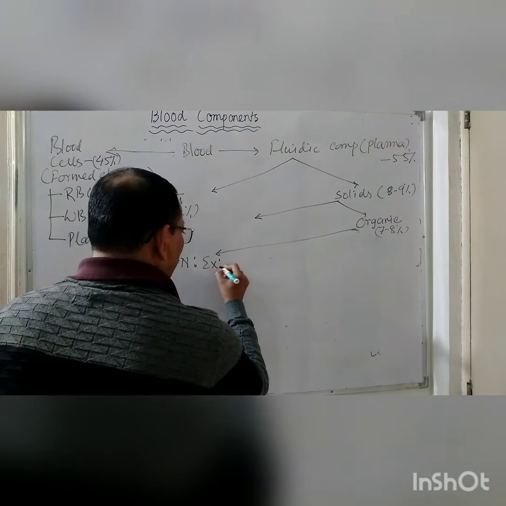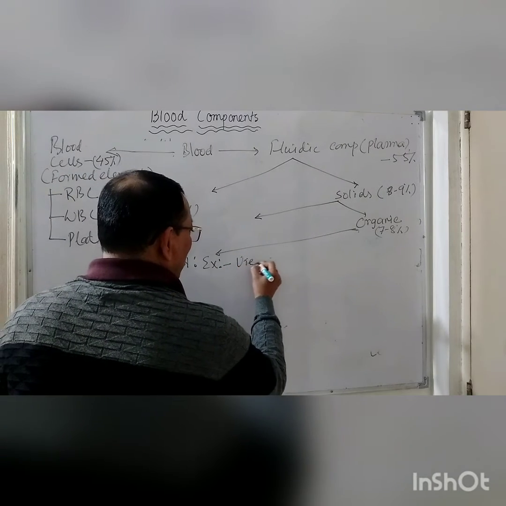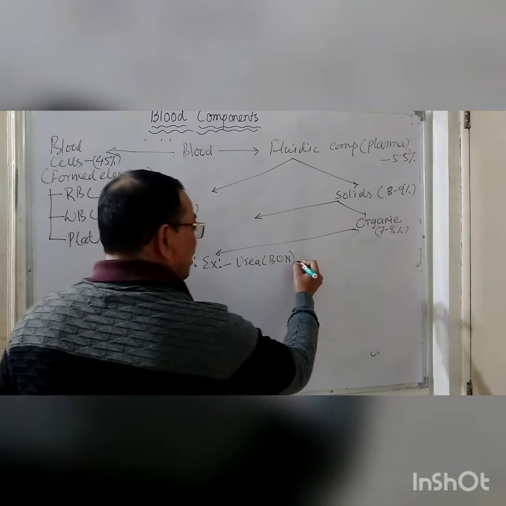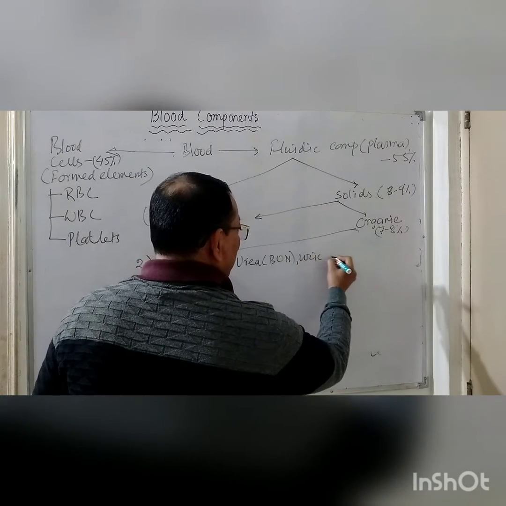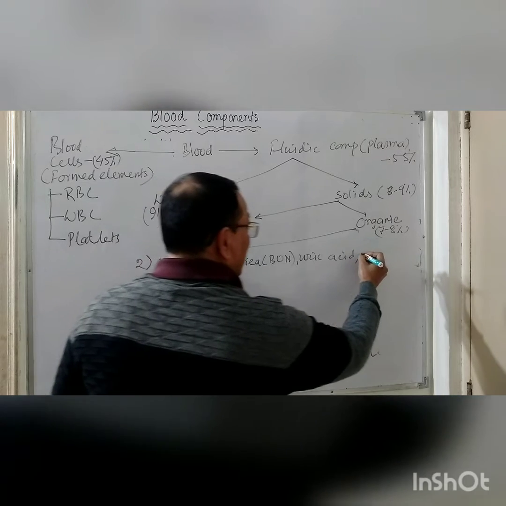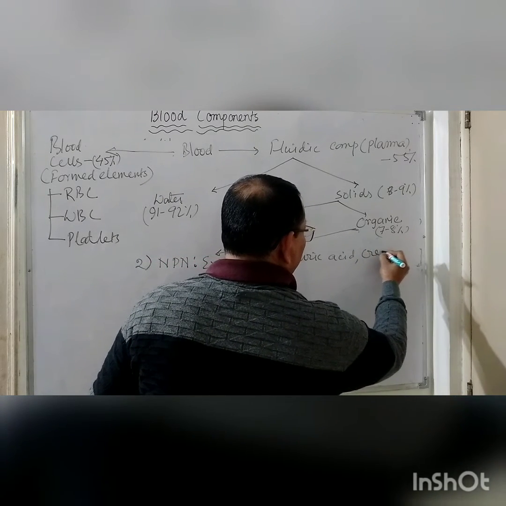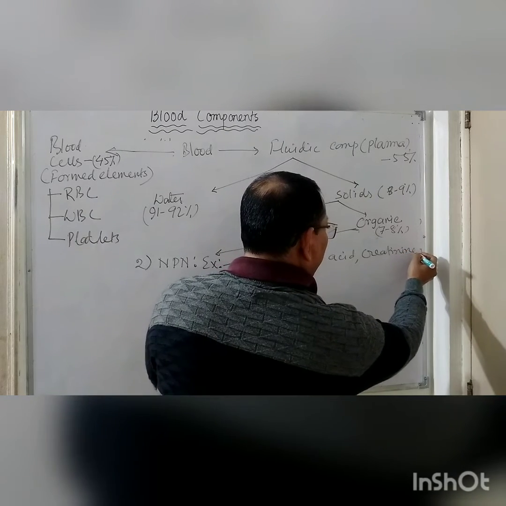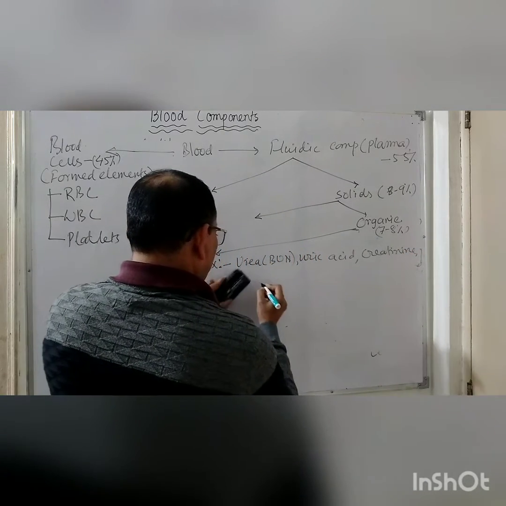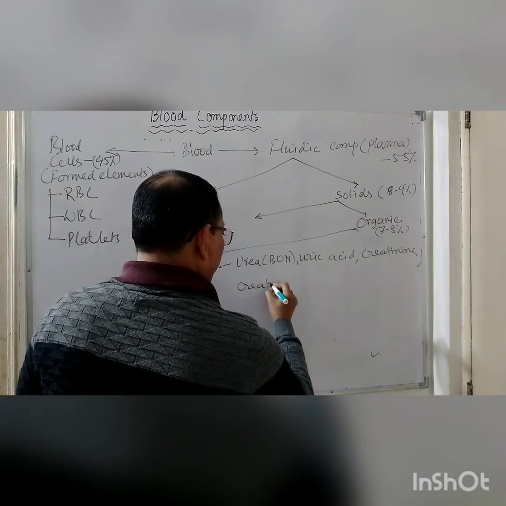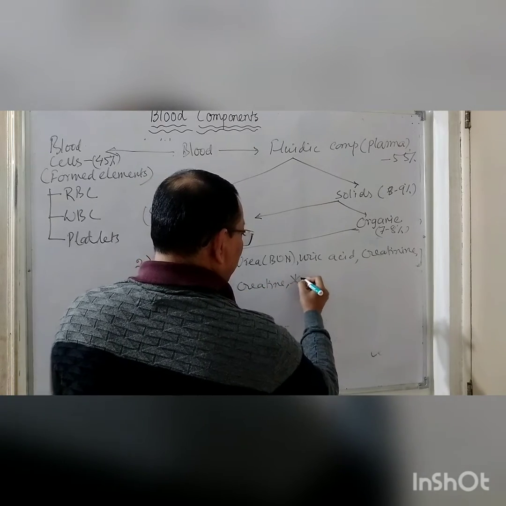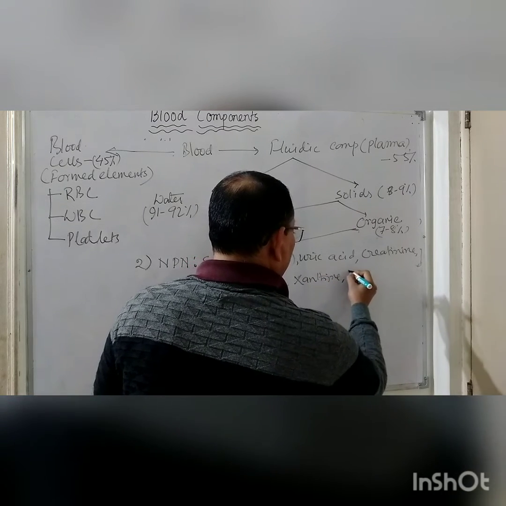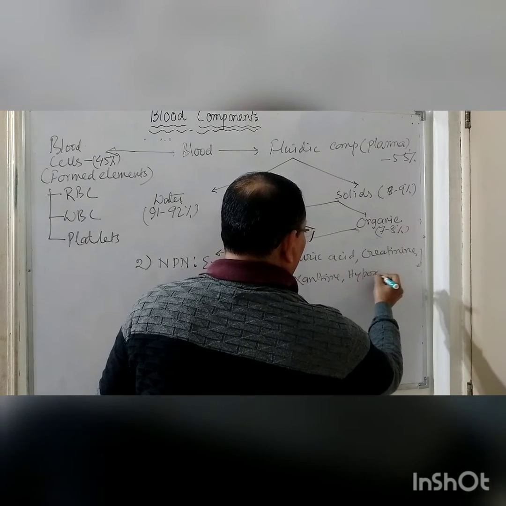Examples are urea, which is also known as blood urea nitrogen, that is BUN, uric acid, creatinine, xanthine, hypoxanthine.